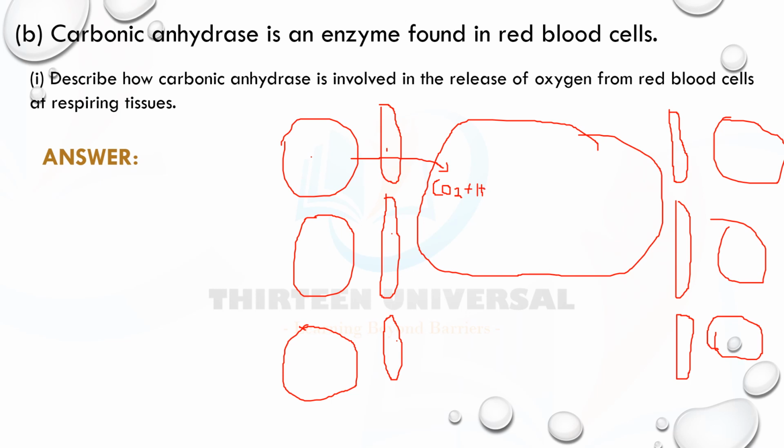Remember this reaction is reversible. The forward reaction is in respiring tissue. What it forms is an acid called carbonic acid, a weak acid, H2CO3. Carbonic acid is formed.